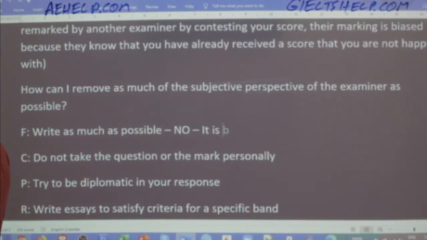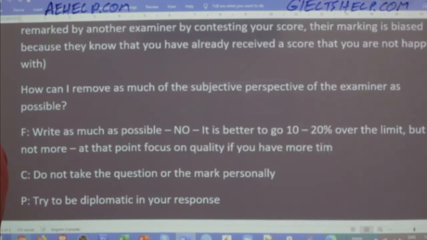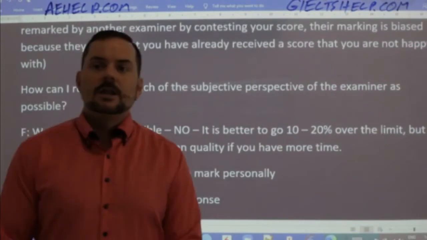It is better to go 10 to let's say 20% over the limit, but not more. At that point, focus on quality if you have more time. Okay, so let me tell you why.